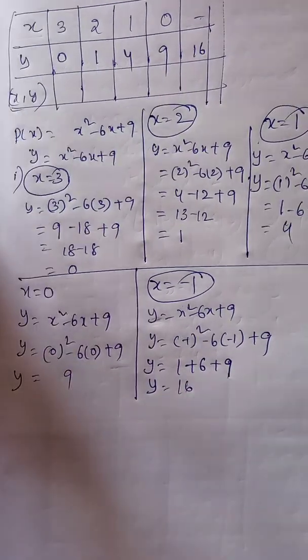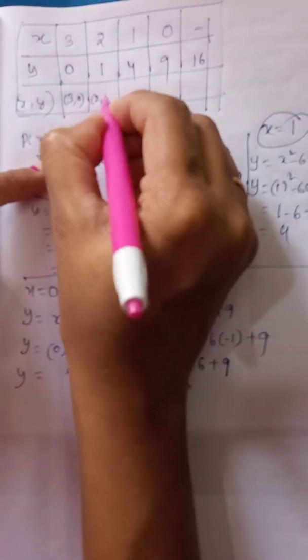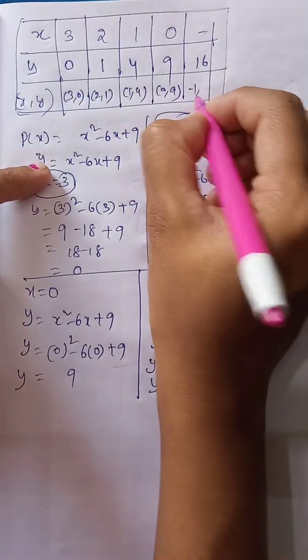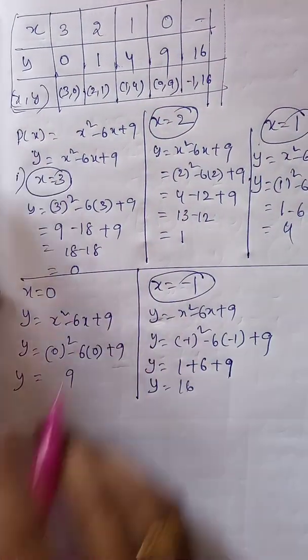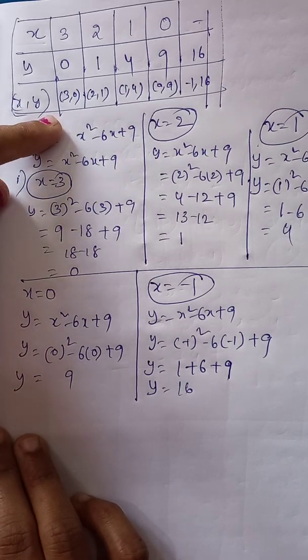Okay, so now write all the values: 3 comma 0, 2 comma 1, 1 comma 4, 0 comma 9, minus 1 comma 16. Now using these x and y values, we have to draw the graph.